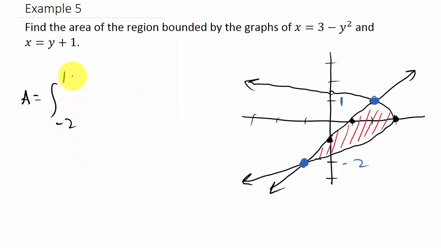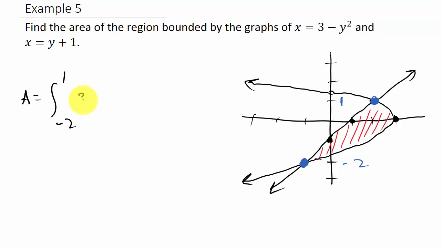If you watch the other videos, remember it was the function on top minus the function on bottom. But we're going this way with it, so it's going to be the outer function minus the inner function.